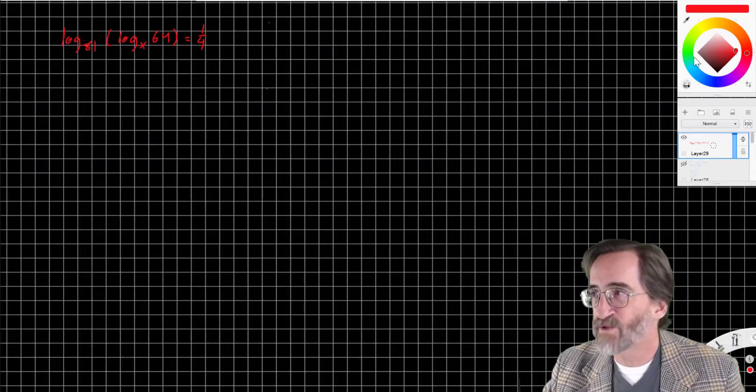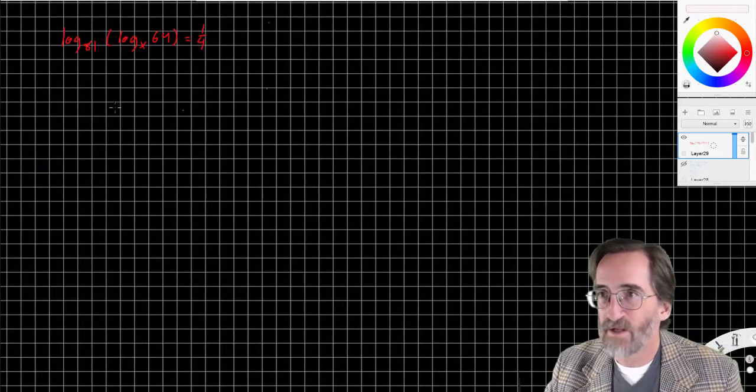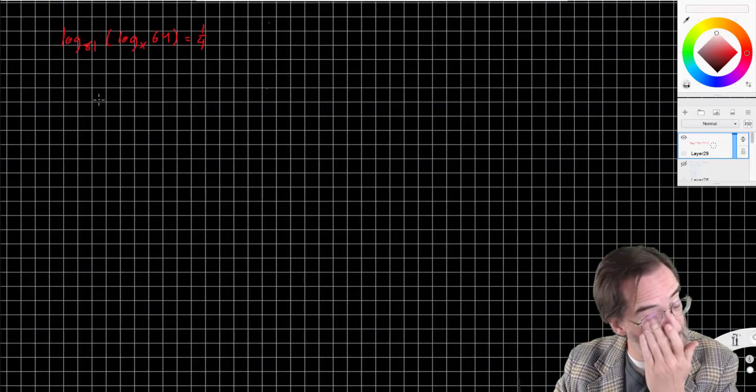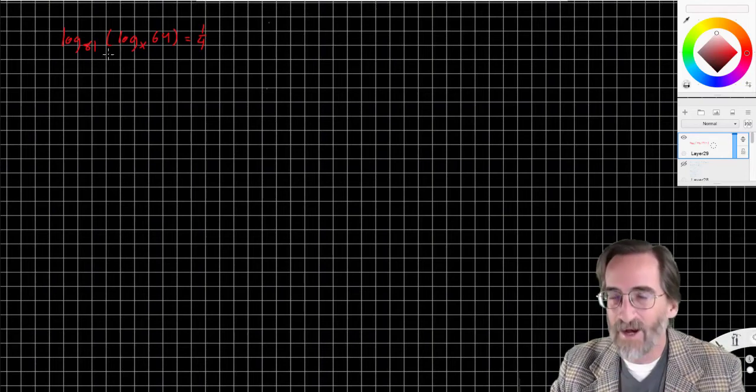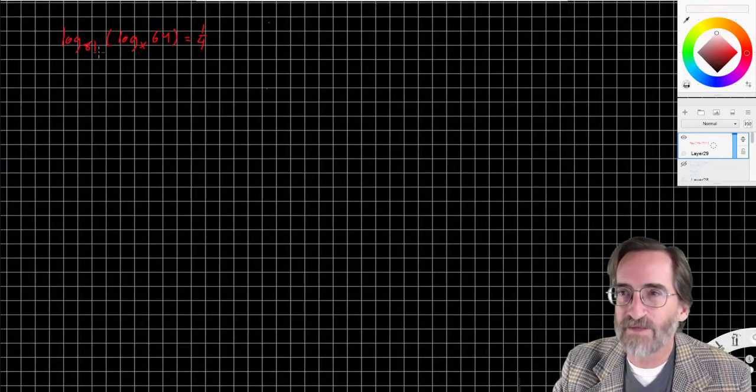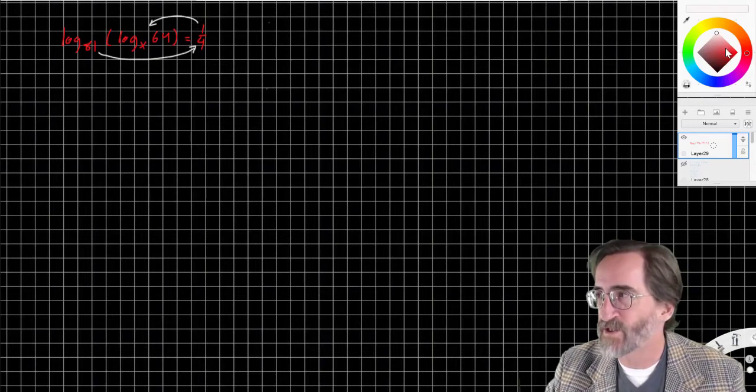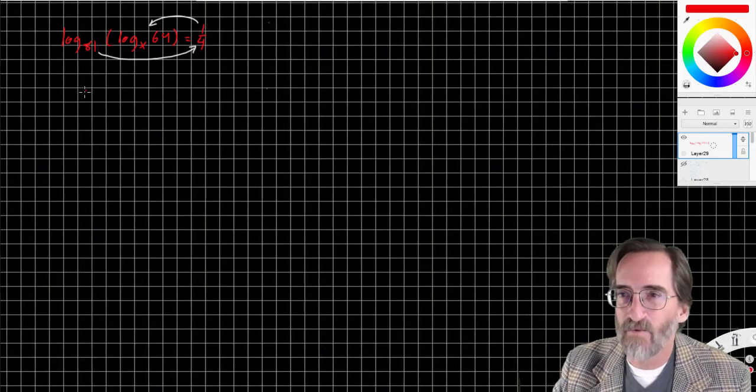Let's rewrite this outside log base 81 as an exponential. So 81 to the power of 1/4 equals log base x of 64. That's just rewriting as an exponential.